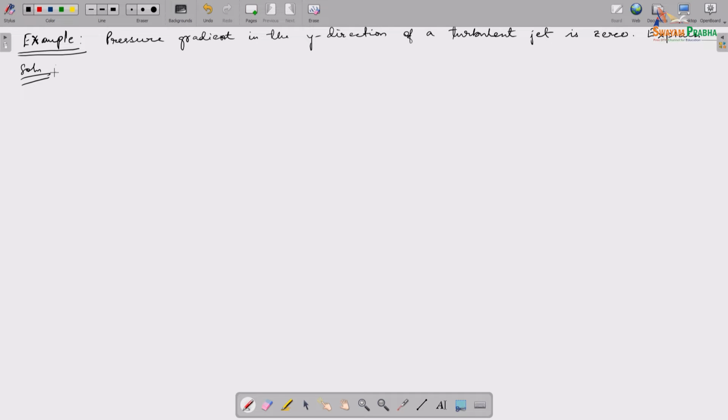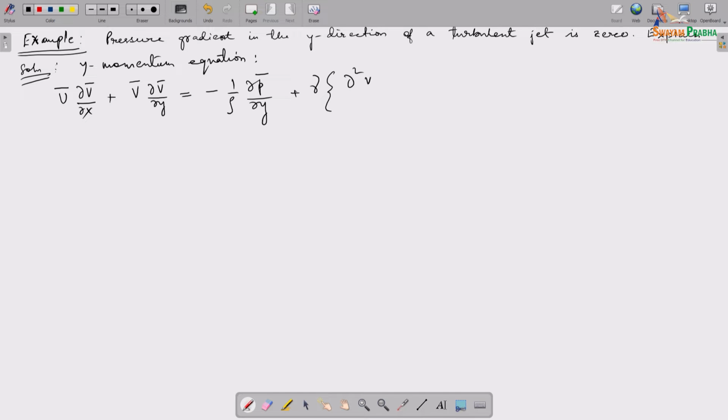Okay. So the y momentum equation, let's write out the y momentum equation. There you go.